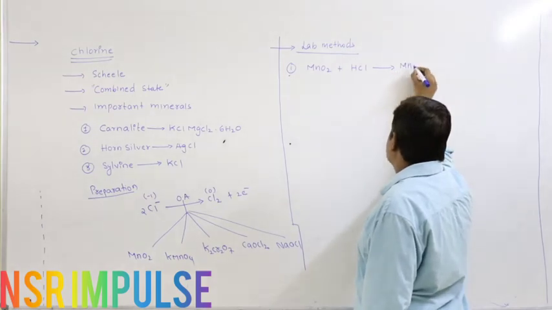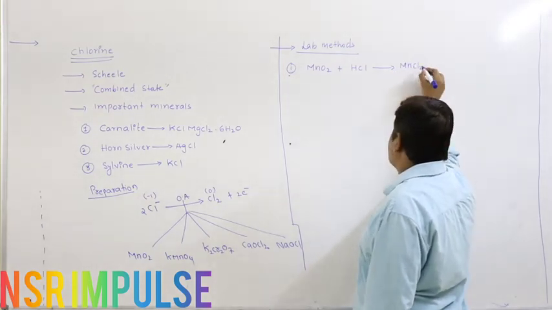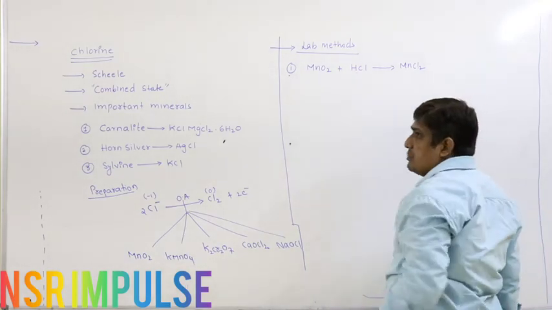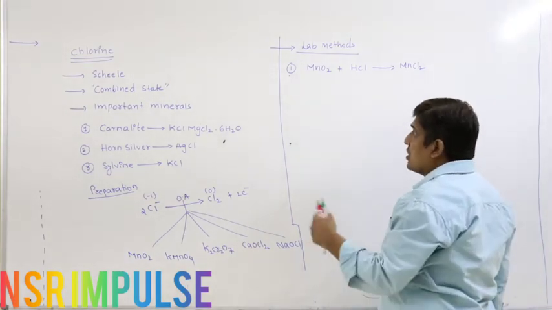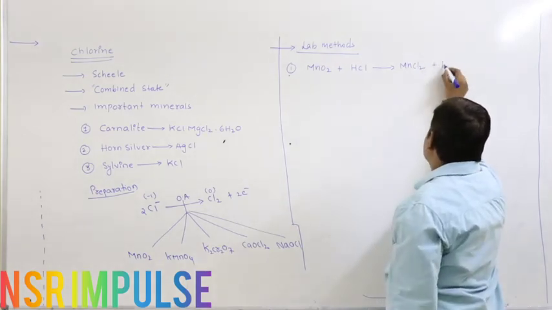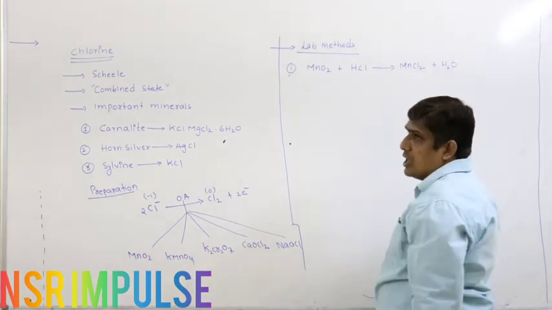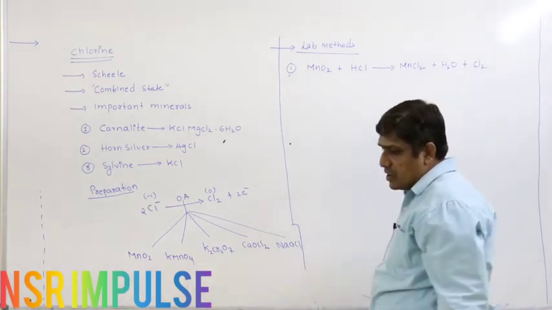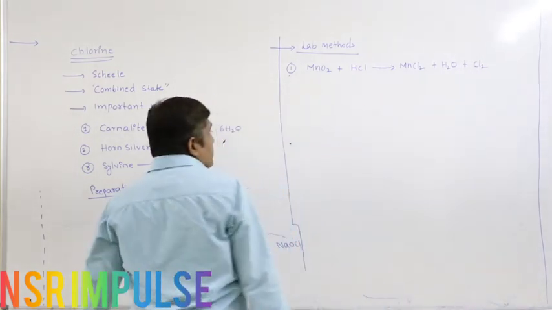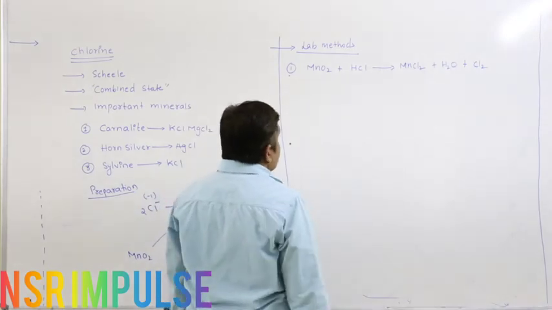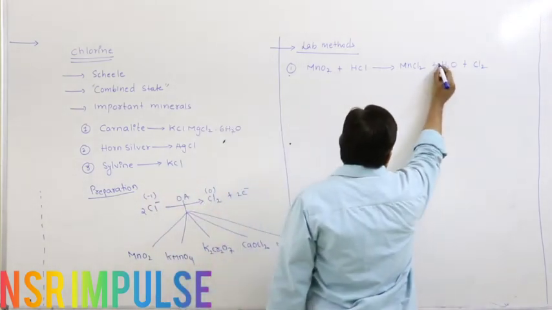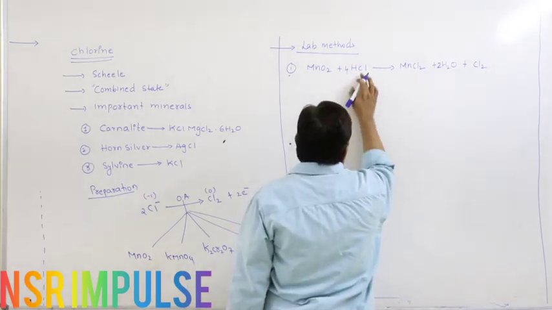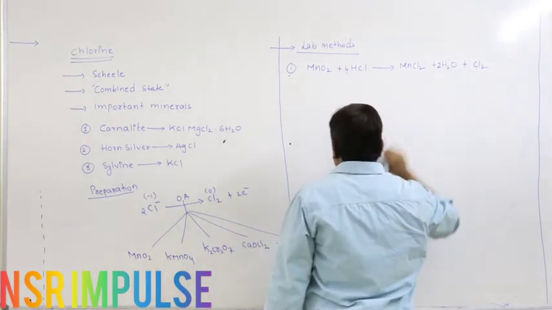So Mn2+ and Cl minus give MnCl2. Hydrogen is always present in +1, it cannot be further oxidized, therefore it combines with oxygen to form H2O. One of the products should be chlorine. Let us balance this. There are 2 oxygens, so we can expect 2 H2O, 4 hydrogens so 4 HCl, and 4 chlorines, 2 plus 2.